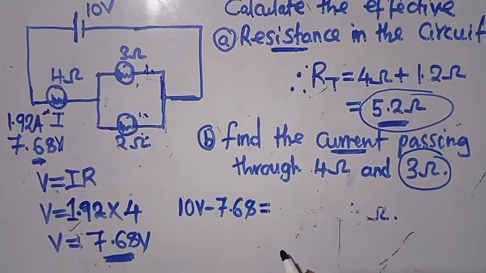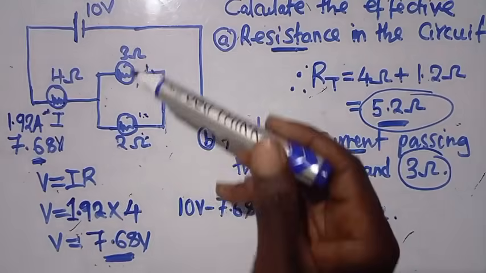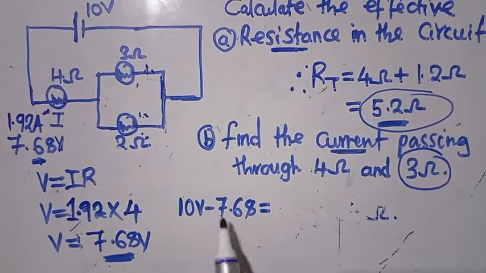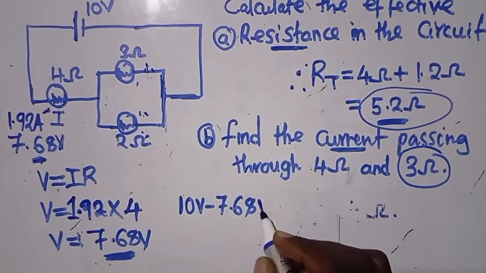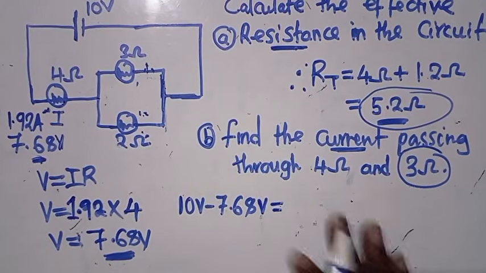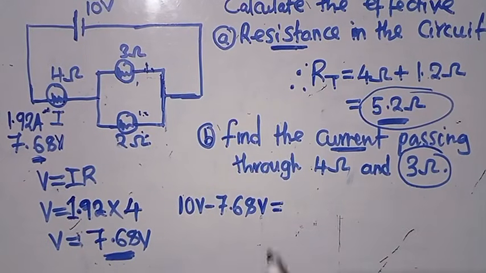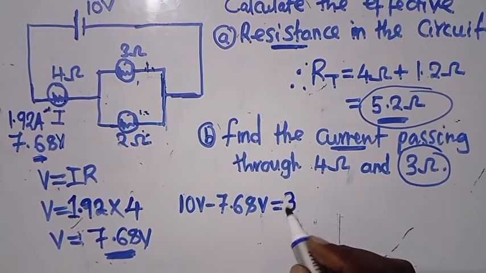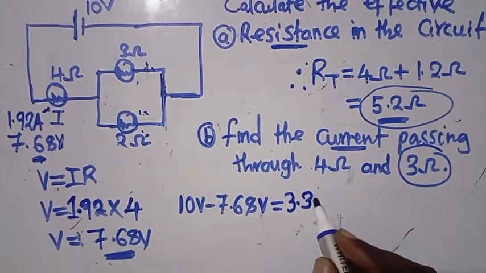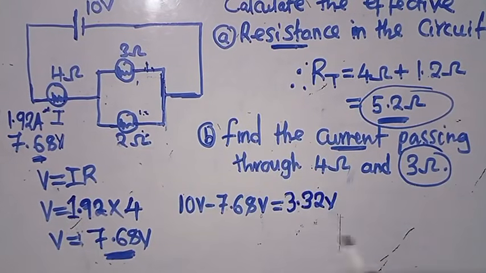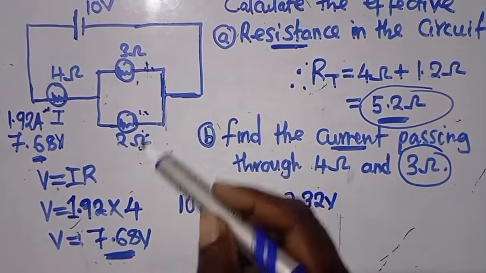We find the voltage that is here. So when you subtract, what answer are you going to get? We are getting 3.32 volts.